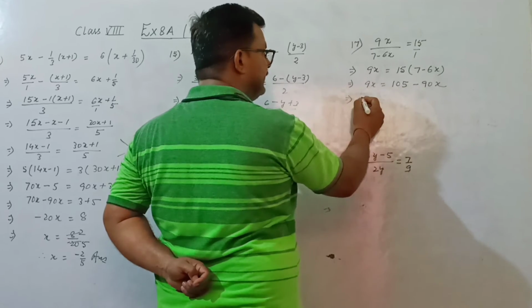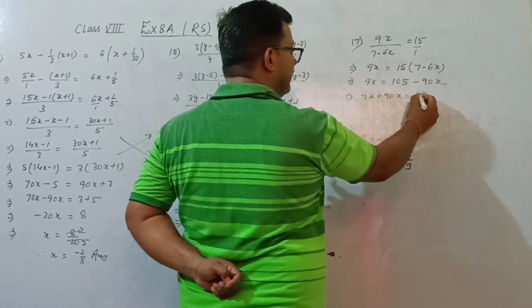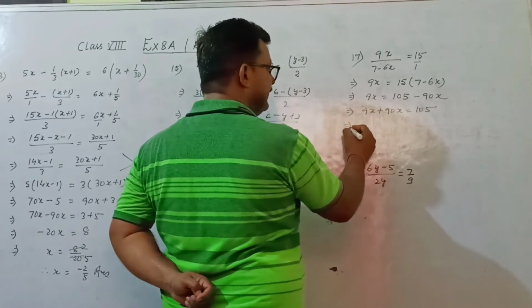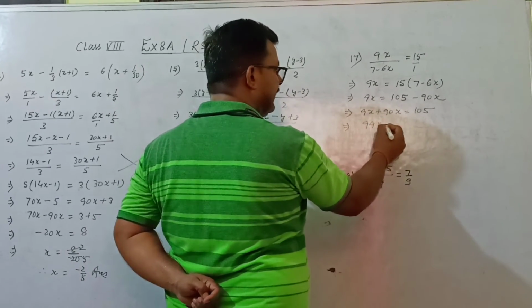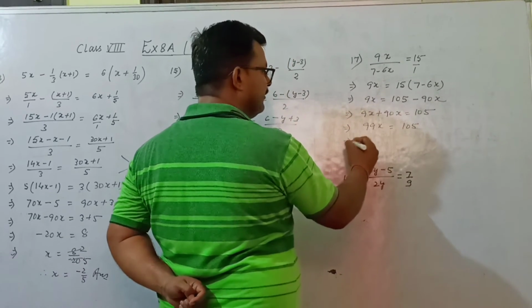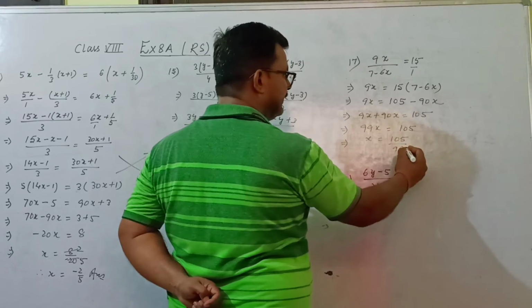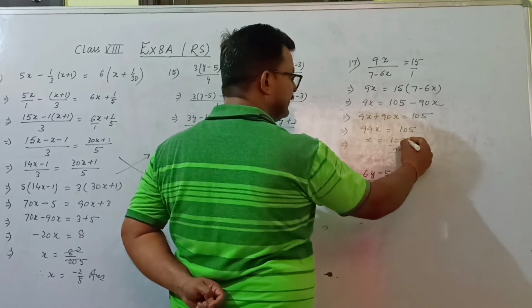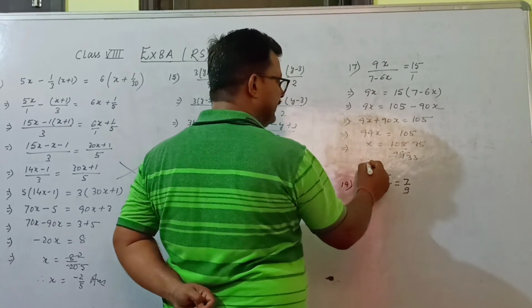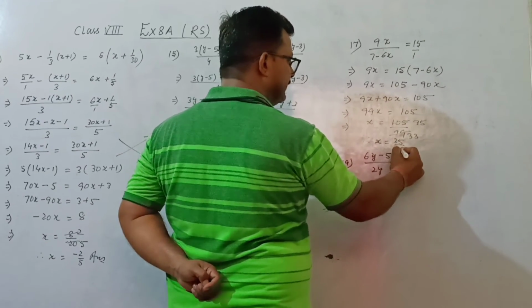Now see, 90 will come to this side, plus, and 105. Here it will be 99x, here will be 105. Now x will be 105 upon 99, 3 times 35 is 105. Here x will be 35 upon 33.